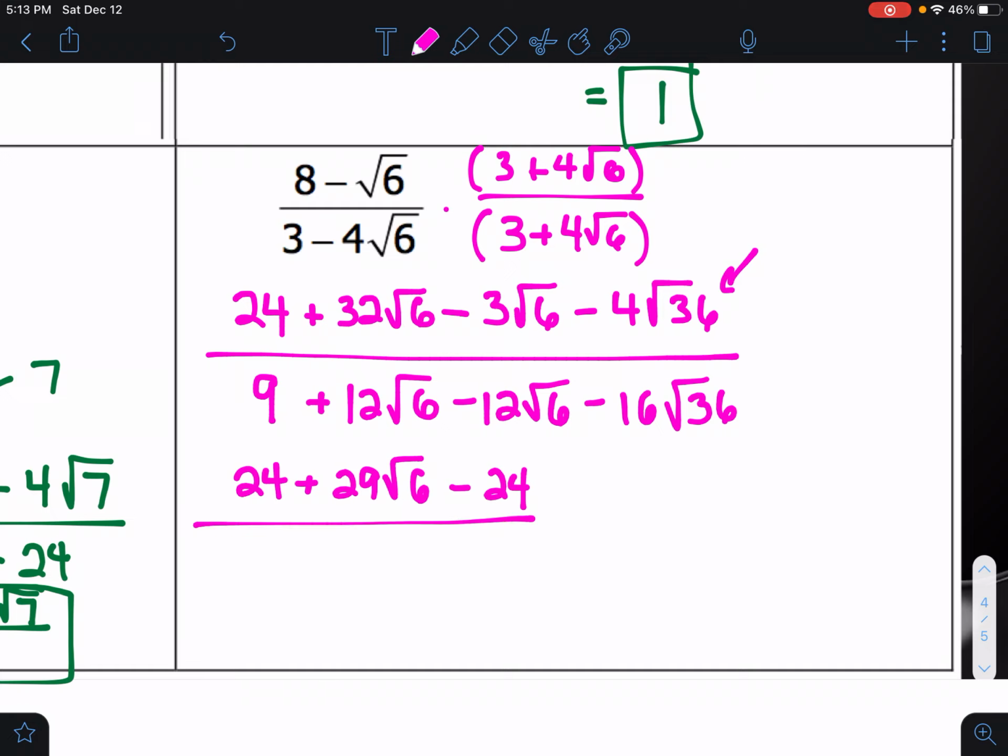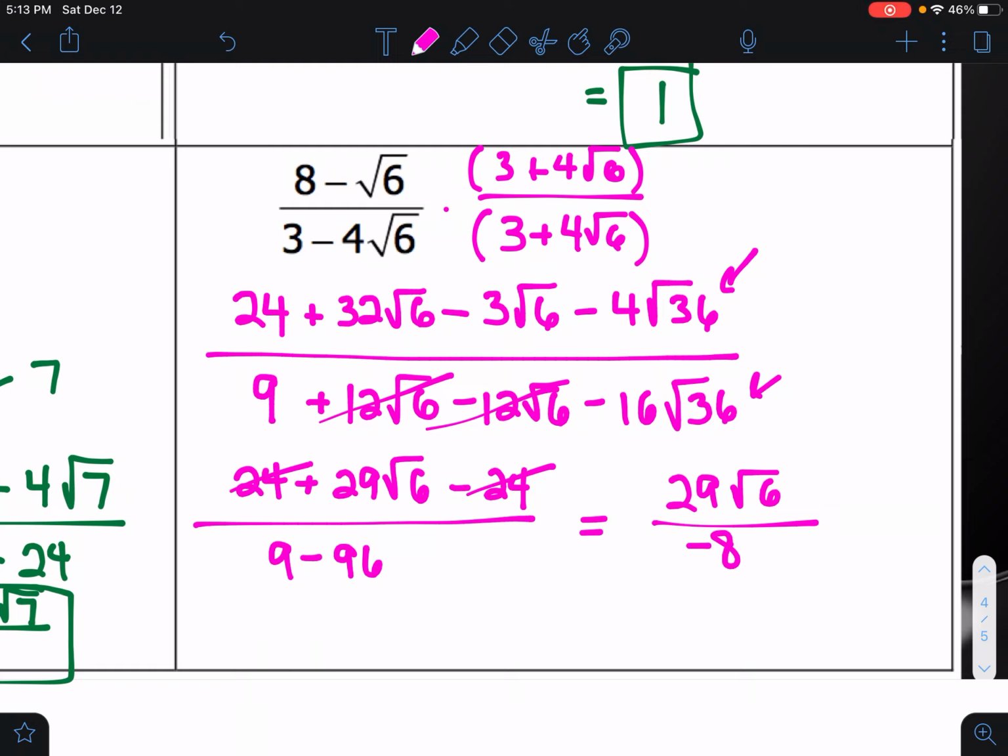And then on the bottom, these in the middle would cancel. This is 6 again. So negative 16 times 6 is negative 96. So I'd have 9 minus 96. All right, so if I simplify this, I have 29 root 6 over negative 87.